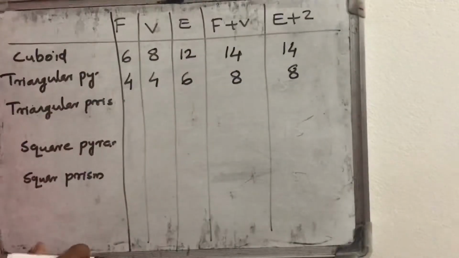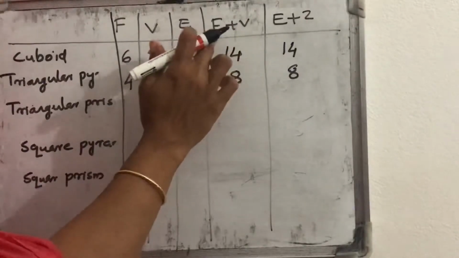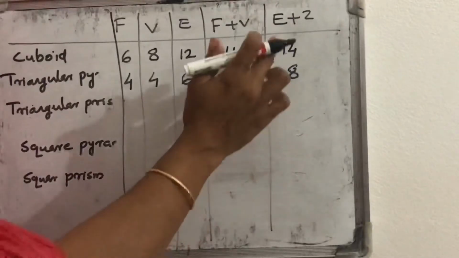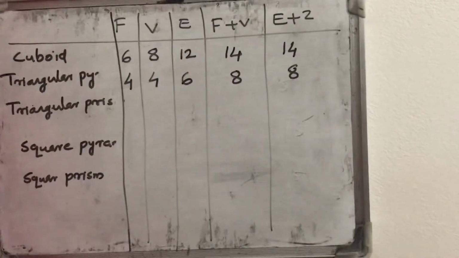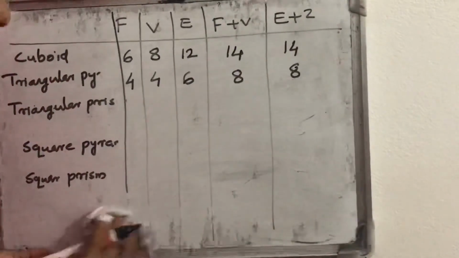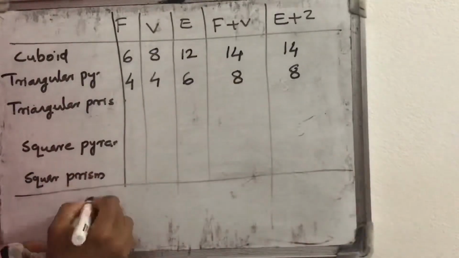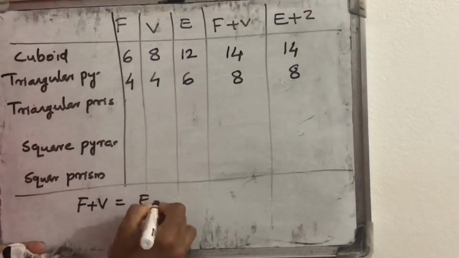In all these cases, we can see the sum of the number of faces and vertices will be equal to when we add 2 with the number of edges. Okay, so in all these cases, we will get f plus v equal e plus 2.